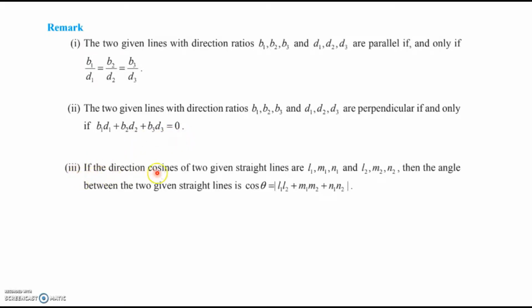And if the direction cosines of two given straight lines are L1, M1, N1 and L2, M2, N2, then the angle between the two given straight lines is given by cos theta equal to the magnitude of L1 L2 plus M1 M2 plus N1 N2.